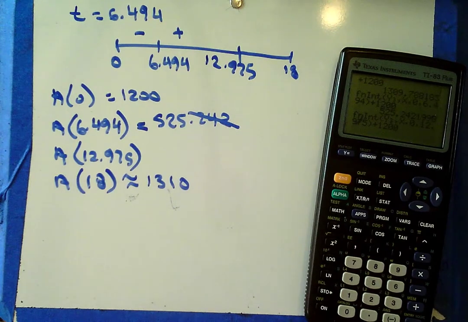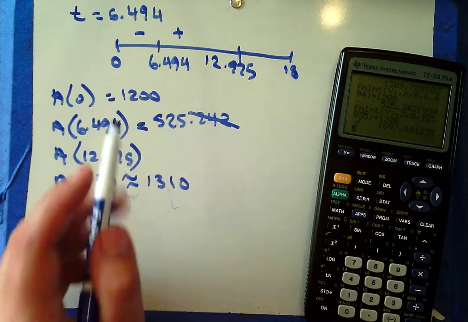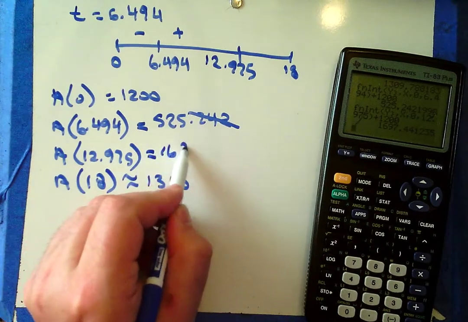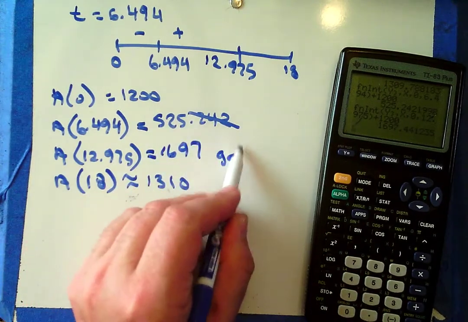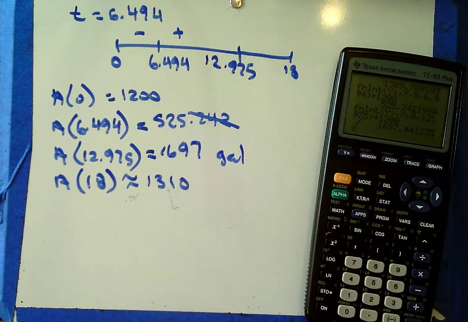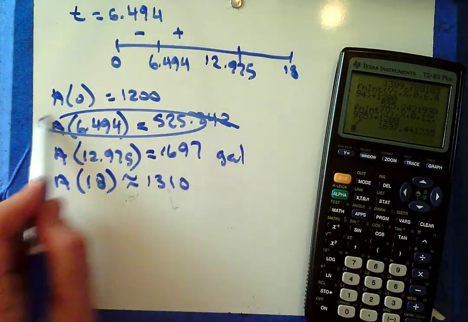Candidates testing is always something I do for absolute min and absolute max. Yeah, equals 1697 gallons. And what are we looking for here? The amount of water in the tank is an absolute minimum.